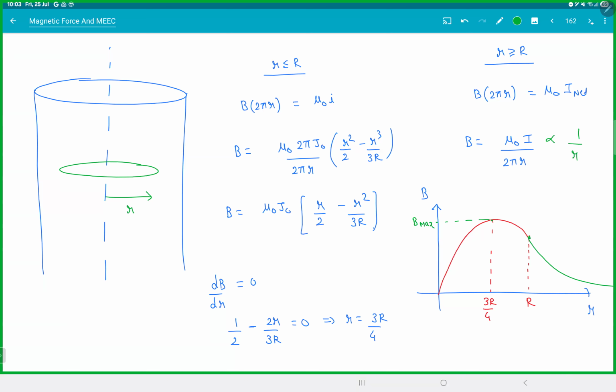Clear with this? That was the reason we need to do that maximum minima. We need to know where is the maximum value. The surface need not have a maximum field in this case. All clear with this? That's why the graph was important.